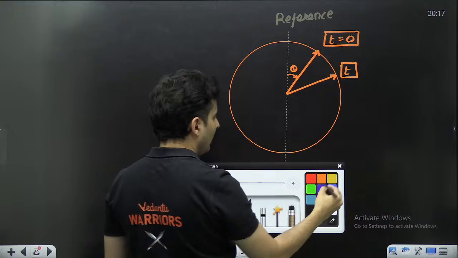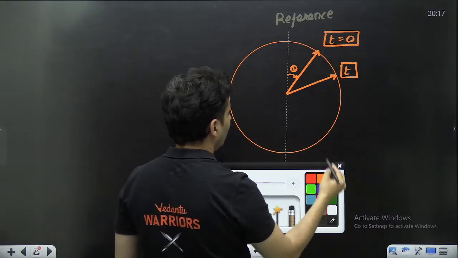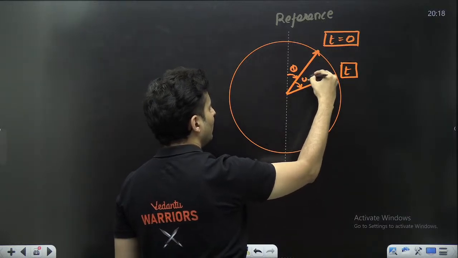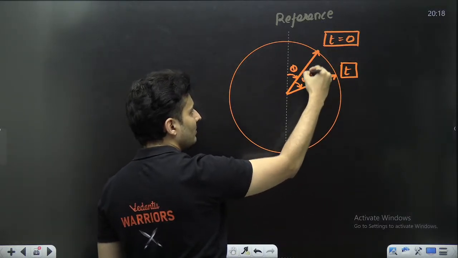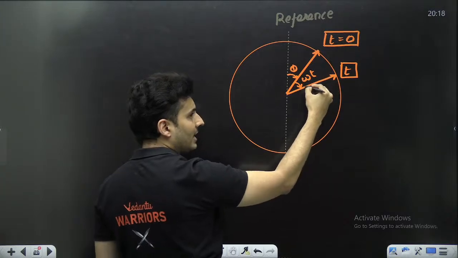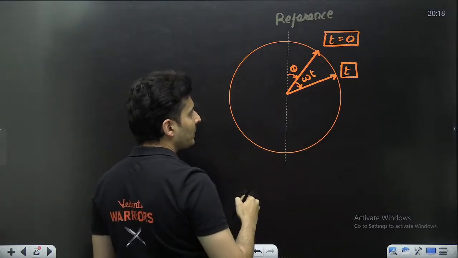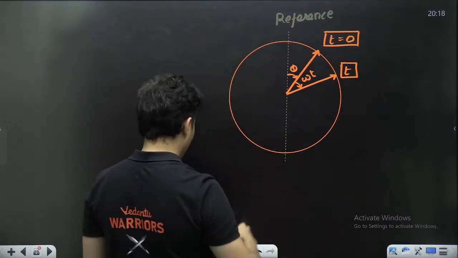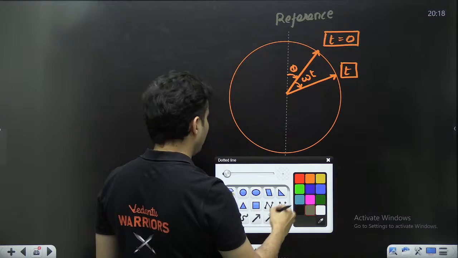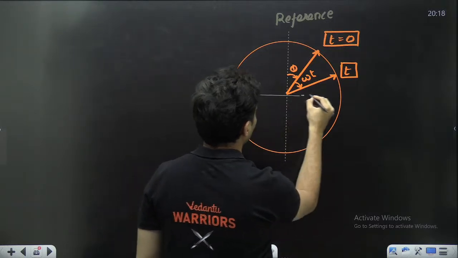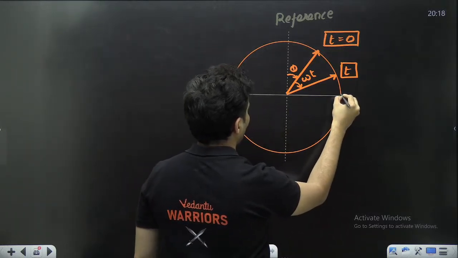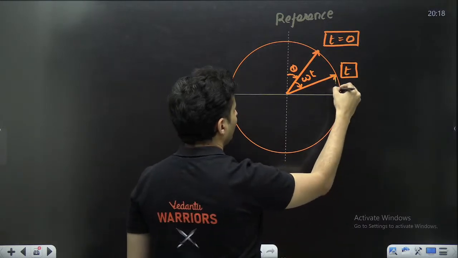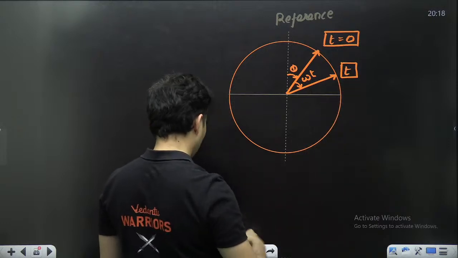Again when I see how much it has moved, it will be omega t. This is the angle displaced. Radians per second into second is radians. Now again on this particular line, I will drop a perpendicular. Observe.